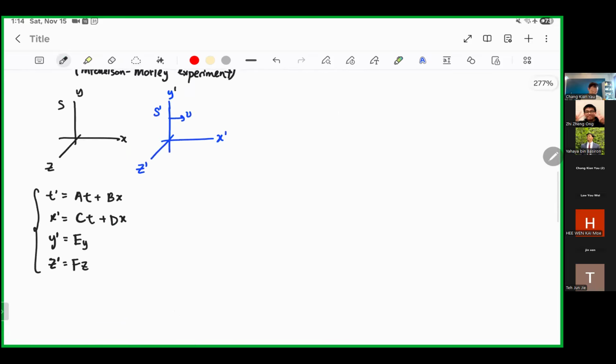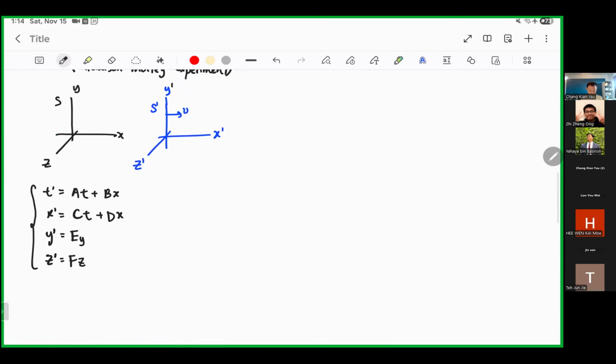Let's start with symmetry arguments. Let's say I have a particle here, and we flip the y axis from this to here. Because the S' frame only moves to the right, the y-axis doesn't change.